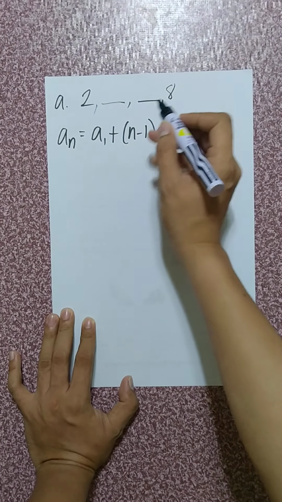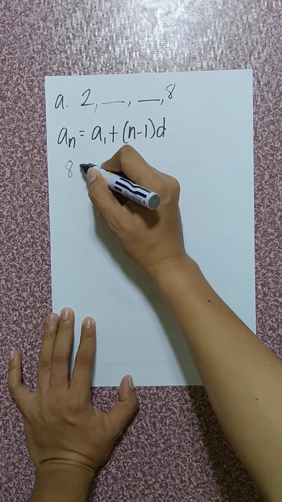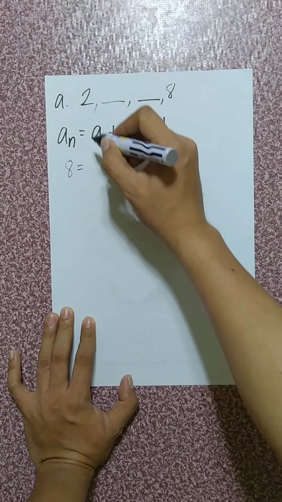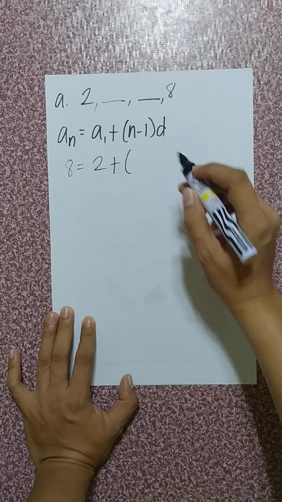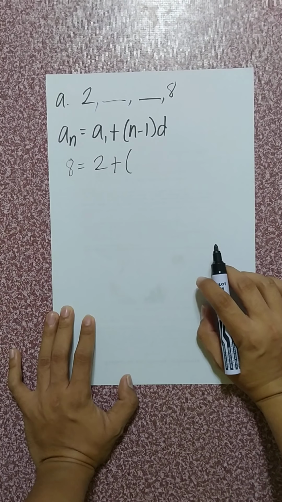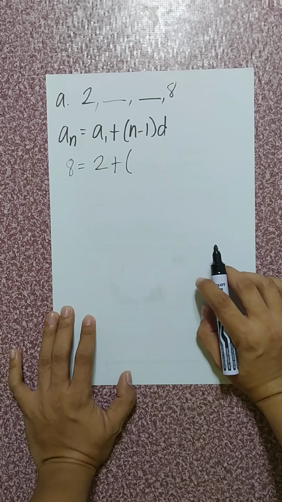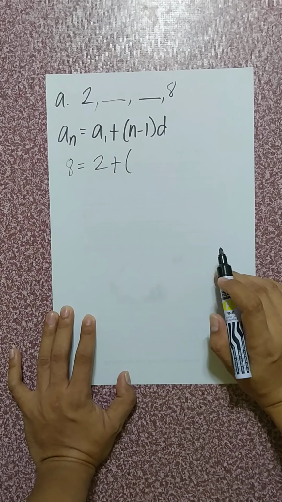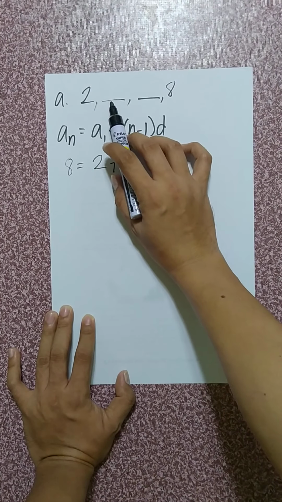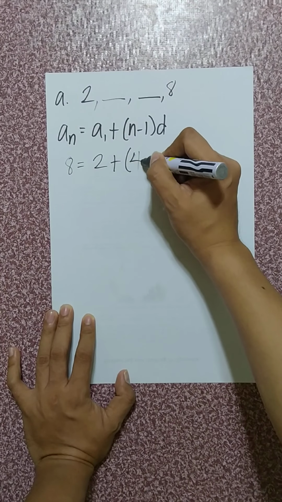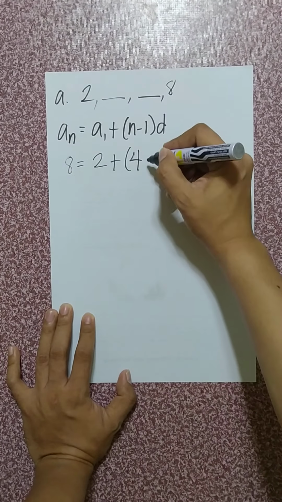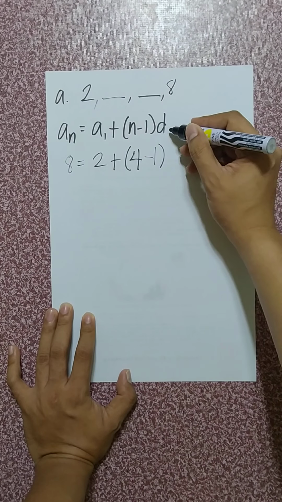So again, a sub n is the last term equals a sub 1, the first term, plus and the number of terms. Ngayon, pag binilang natin ang number of terms, isasama natin yung hinahanap natin ng mga means. So in this example, we have 1, 2, 3, 4. So we have 4 terms on that particular sequence, minus 1 times d.